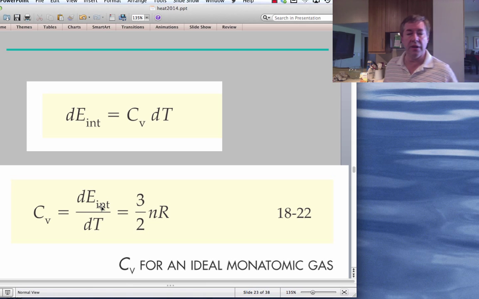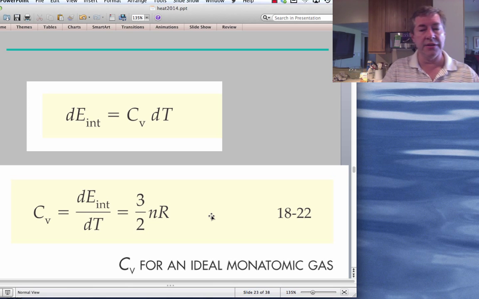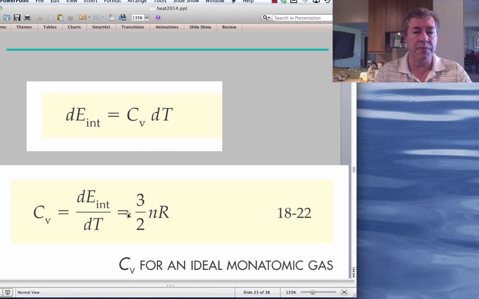So what is this formula for a monoatomic gas? Well, remember, the only thing a monoatomic gas like helium can do is change its motion. If you put more energy in, it can increase its y velocity, its x velocity, and its z velocity. There are 3 dimensions, and that's it. They each have half kT of energy, and so if you raise T, you're going to raise the kinetic energy in each of those 3 motions.